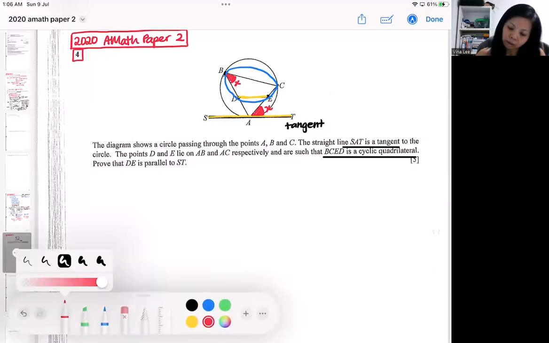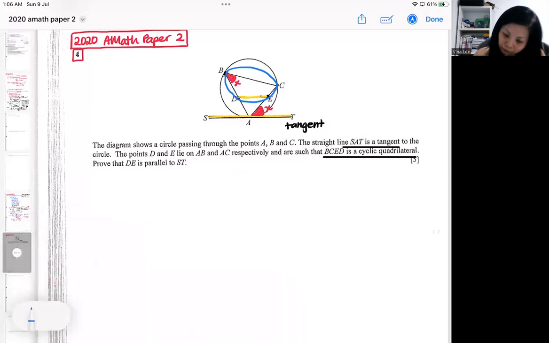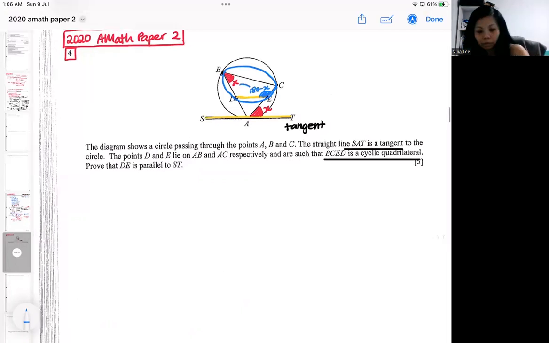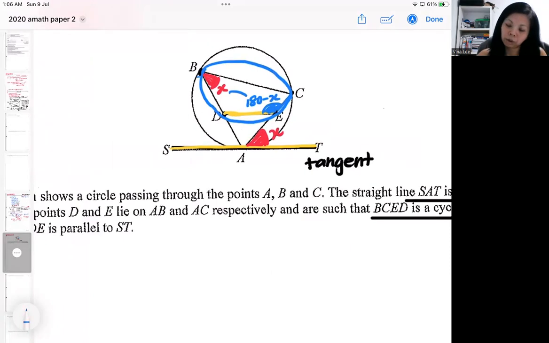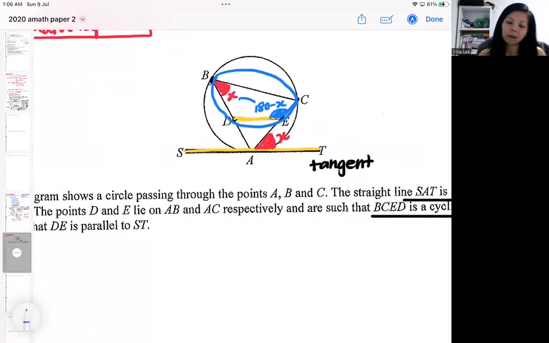Because of the cyclic quadrilateral, this angle here, which is exactly opposite, will be 180 minus x. Can you see? I applied a tangent chord, the red color, then the blue color is the cyclic quadrilateral, angle opposite the cyclic chord.